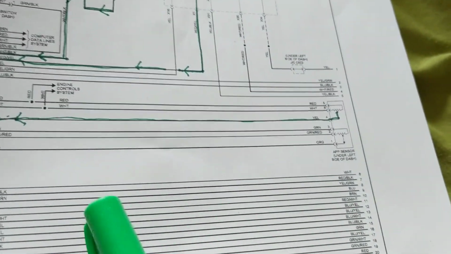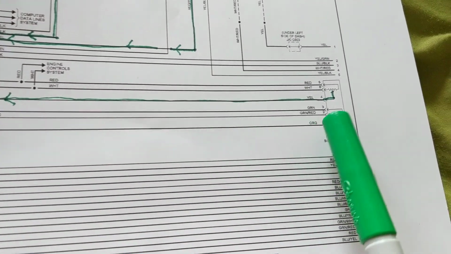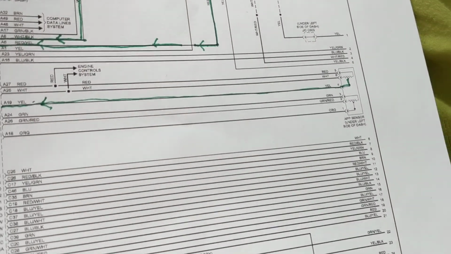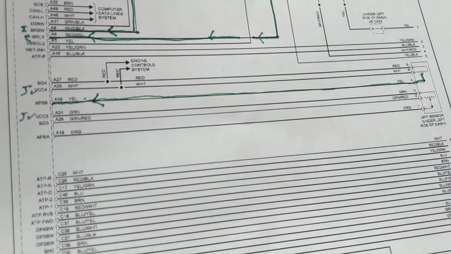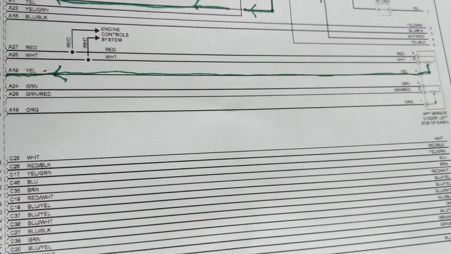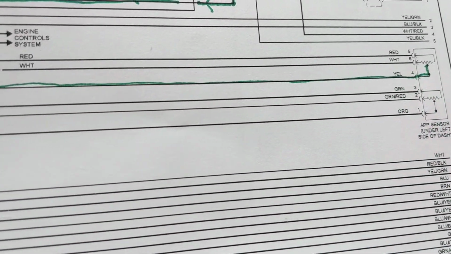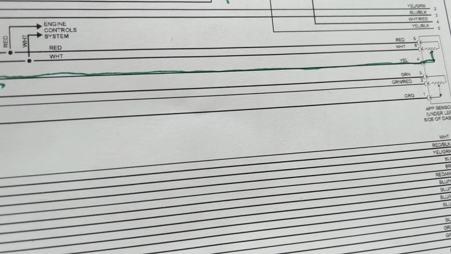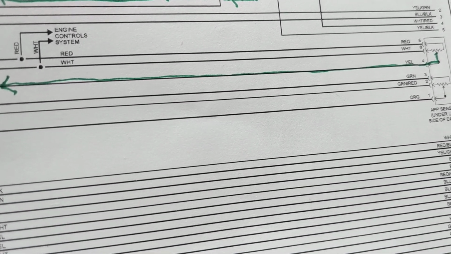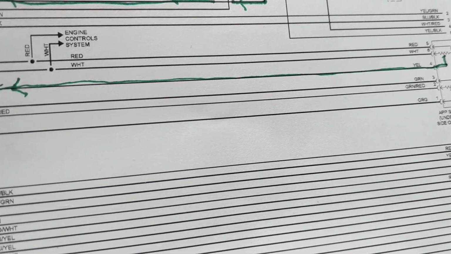Now let's come back to the APP sensors over here. Obviously, years ago the accelerator pedal was operated with a cable, which was much simpler. Now everything is electronic, like I keep stressing. When you're on the pedal, there are sensors that sense the position of the pedal, knowing how much you're pressing on the gas pedal, and giving the signal to the computer.